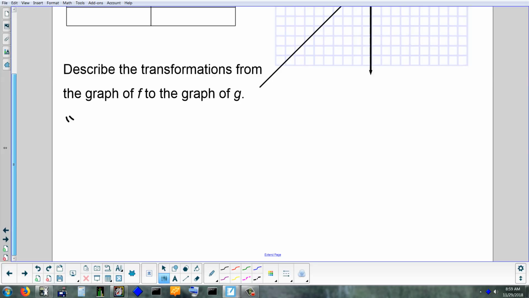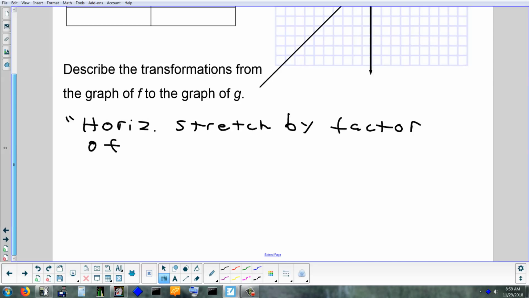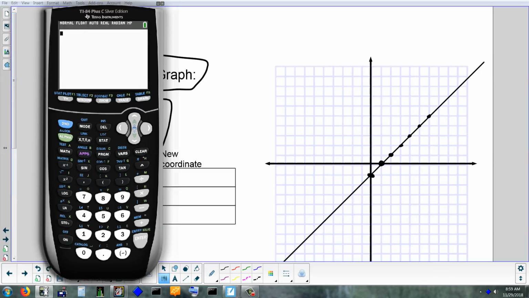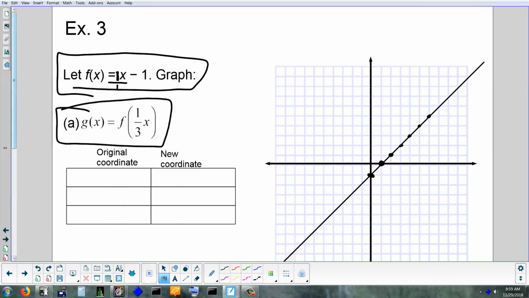Horizontal stretch by factor of, what's the formula again? 1 over what? 1 over the number. What's the number in this case? 3. Well, that'll be the answer, yes. But what are they giving me here?